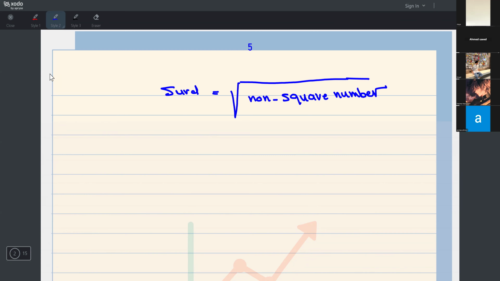My question now: what are square numbers? A number that, if multiplied by the same number again, gives that number. So square numbers have a square root. For example, does 1 have a square root?